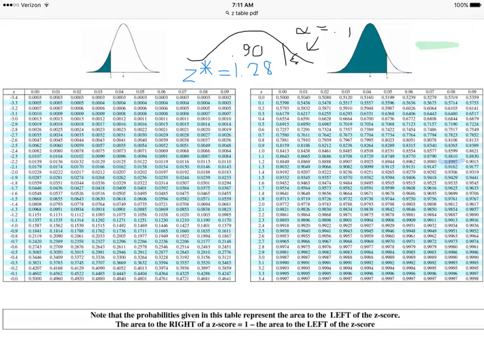I believe you have a graphing calculator, and you have a command on your graphing calculator that does the very same thing, and it's a little bit easier to use. That command is the inverse norm command. It can be found in the distribution menu, which is under second variables.